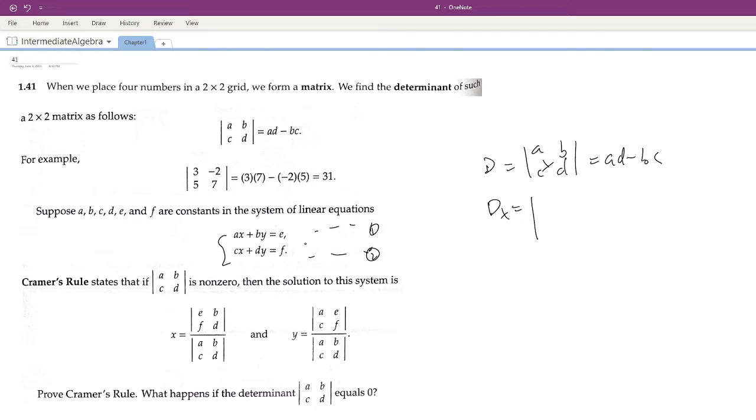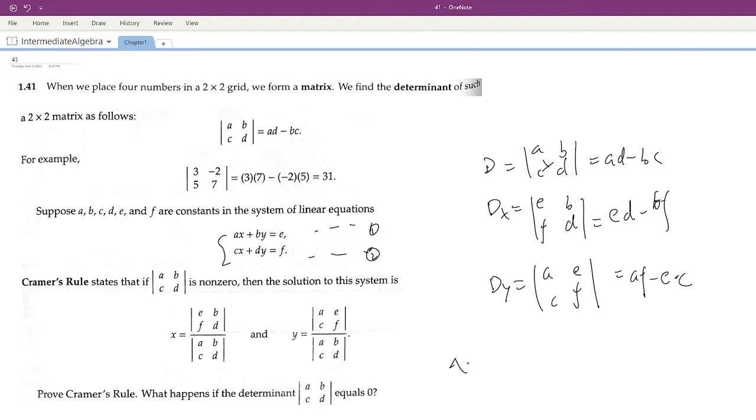Then for Dx, we replace the x term with E and F. Then for Dy, we replace the y column. Dx is equal to ED minus BF, and Dy is equal to AF minus E times C. So you know x equals Dx over D and y equals Dy over D. Okay, I won't talk too much about it here.